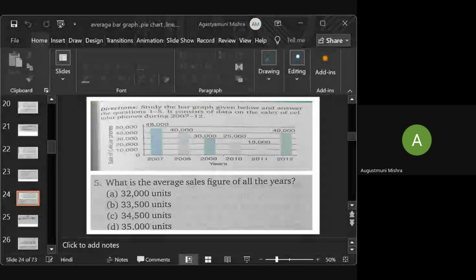One response we have, that is B. Two responses we have, that is B. 2 minutes more left. Please just put your answer in the chat box.